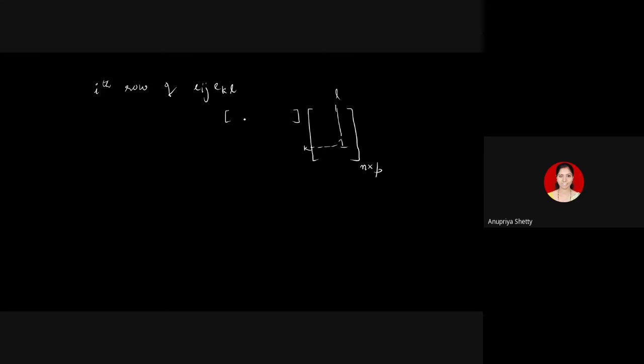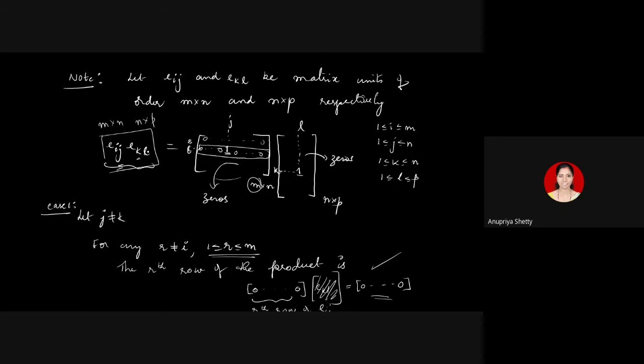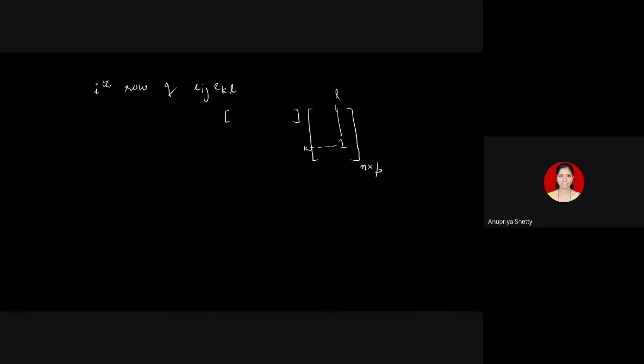Rest everything is 0. And how is the ith row of Eij? The ith row of Eij has 1 present in the jth place. So I should write 1 here in the jth place, and rest everything is 0. Now try multiplying these two.